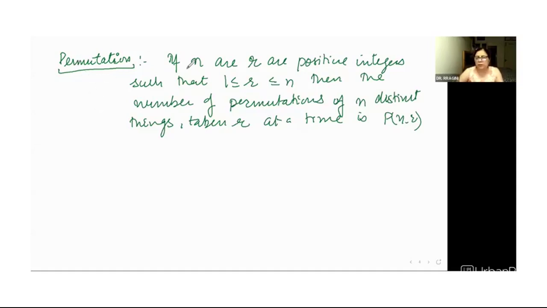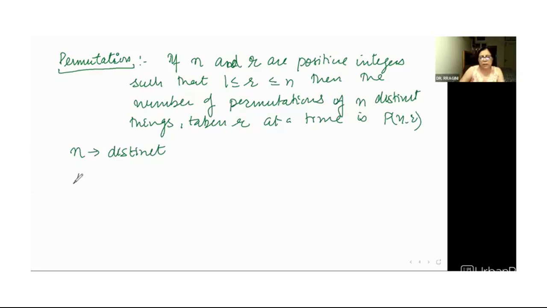So what is permutation? If n and r are positive integers such that 1 is less than r is less than n, right? We have two positive integers, that means the numbers cannot be negative, they cannot be 0. Then the number of permutations of n distinct things, like you have n distinct objects, and you have to arrange r at a time, not all of them.